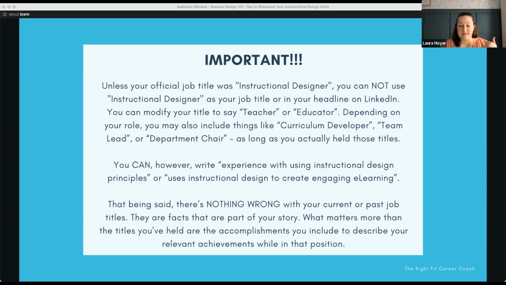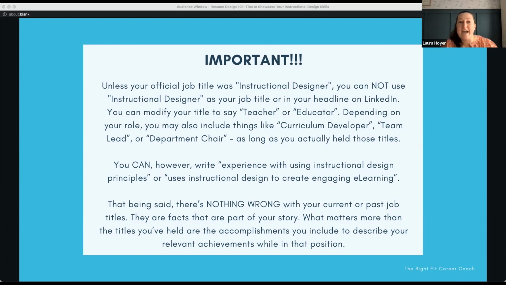I like to say, imagine a call test. If somebody who wants to hire you calls your current or past employer and says, hey, I want to hear more about your name, the instructional designer, and the person on the other end of the line will either laugh or say, I have no idea what you're talking about, please don't include it.